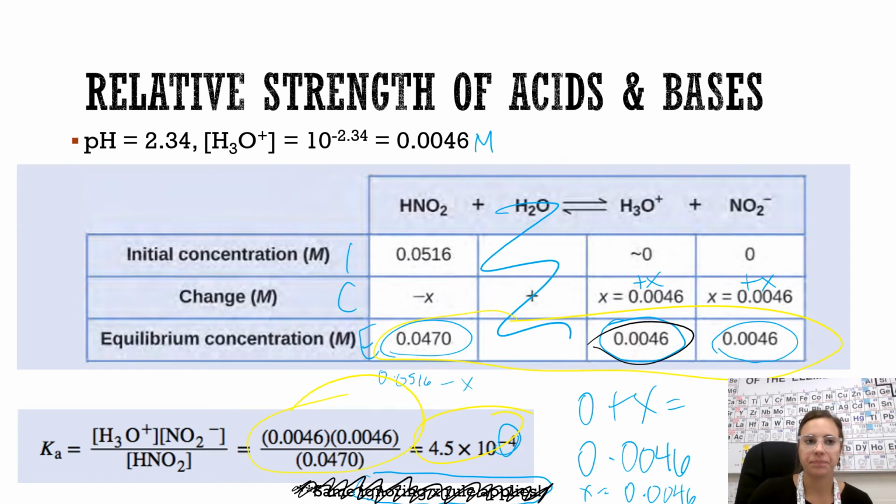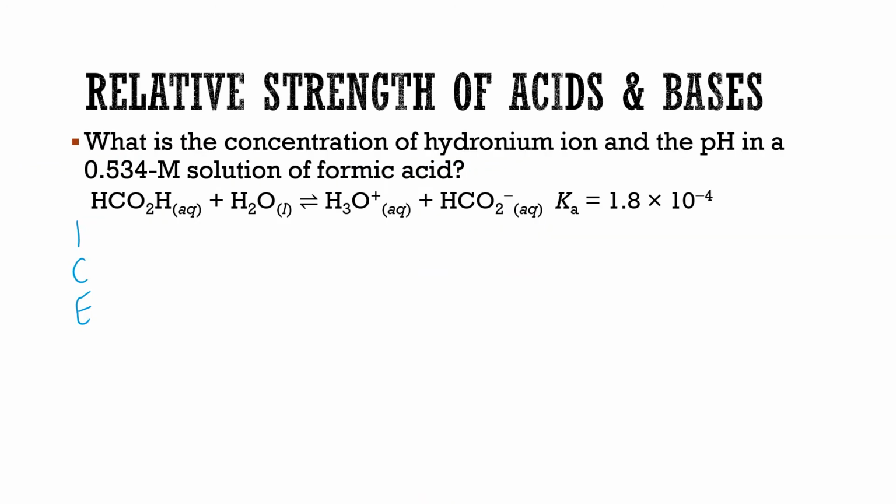Okay, so here's another example. What is the concentration of hydronium ions and the pH in a 0.534 molar solution of formic acid? And I'm given the Ka value.